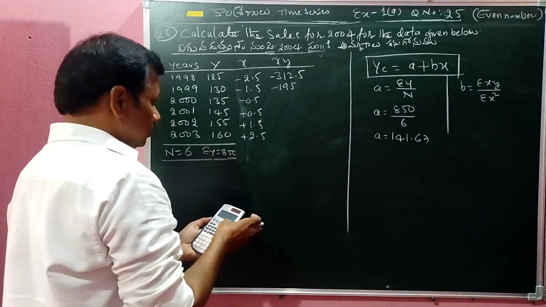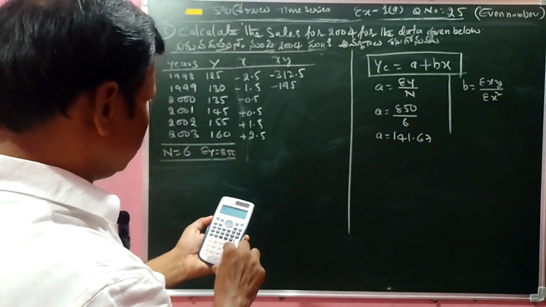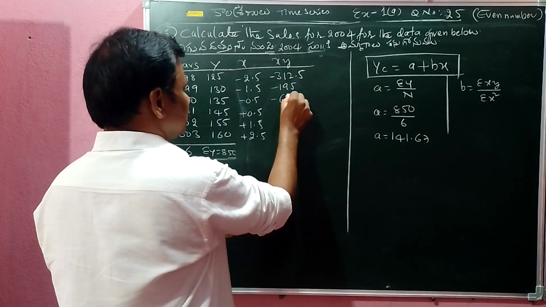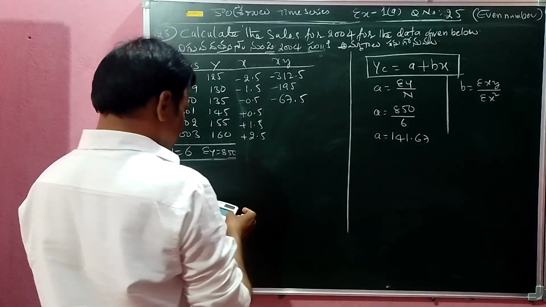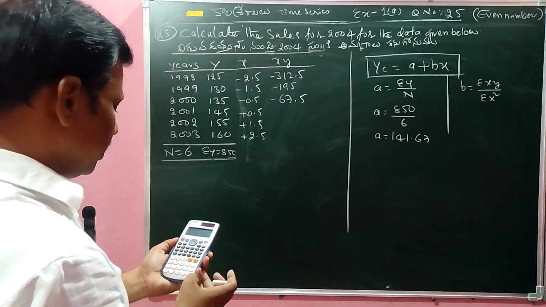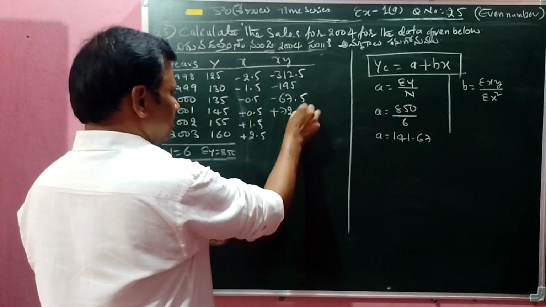Next 135 into minus 0.5, it is minus 67.5. Next 145 into 0.5, that is 72.5.